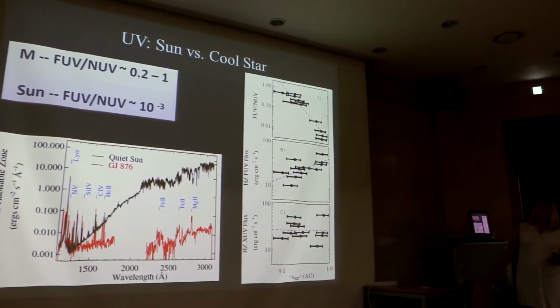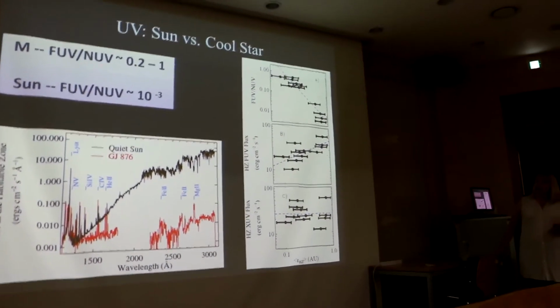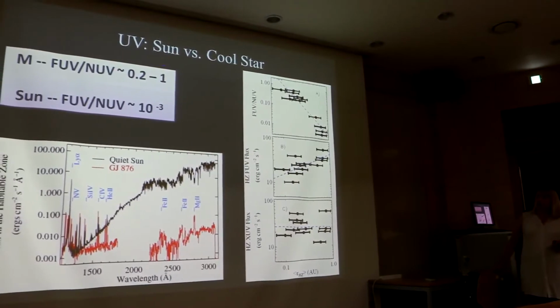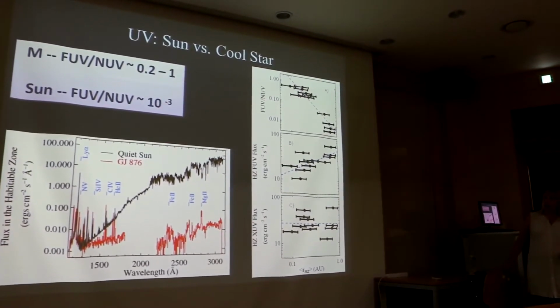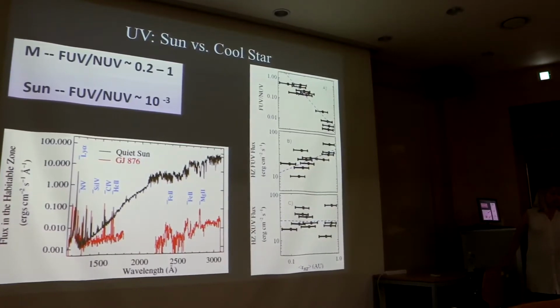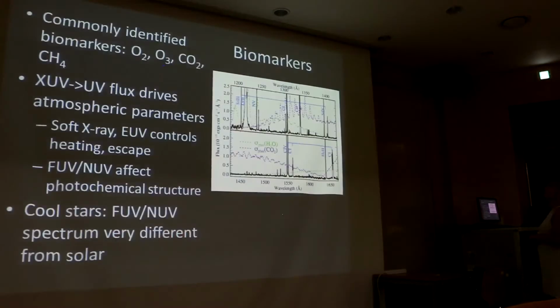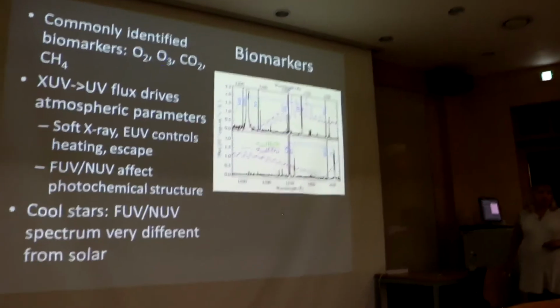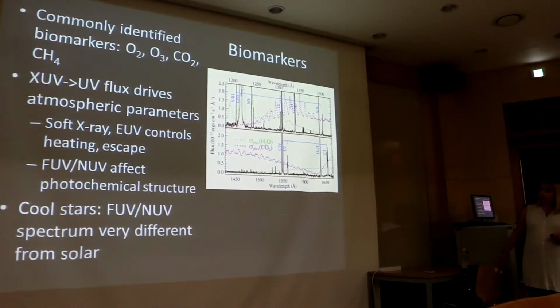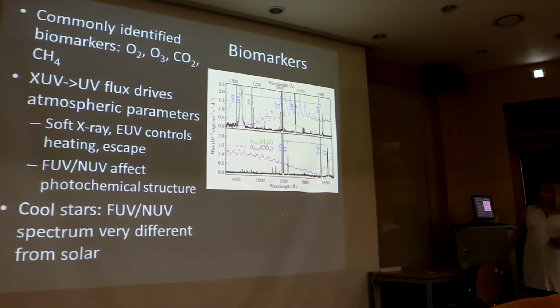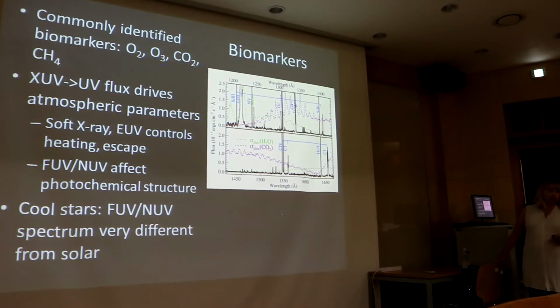So that means that the ratio of the far ultraviolet to the near ultraviolet for a cool star is about 1. It's about 10 to the minus 3 for the sun. Why does that matter? Well, it matters because of photochemistry. Here I've shown you a spectrum of a star, and on top of that, I've put the photodissociation rates of water and CO2.